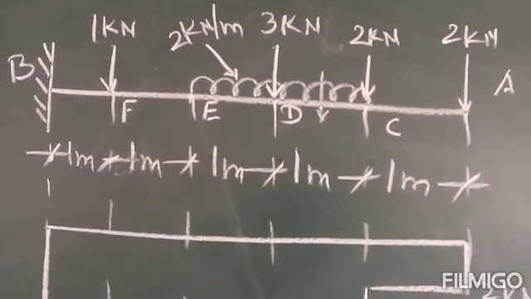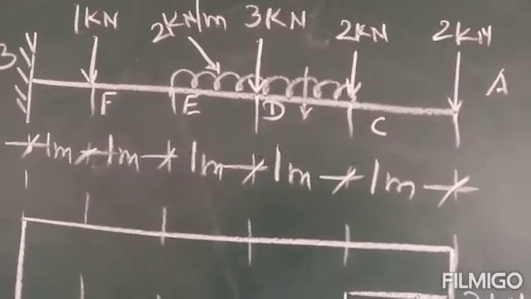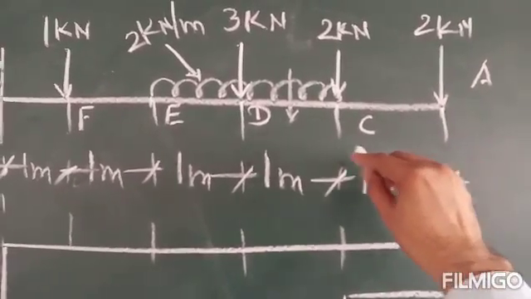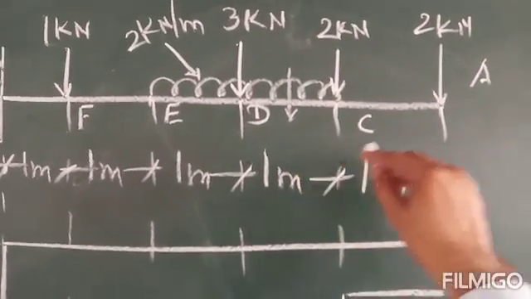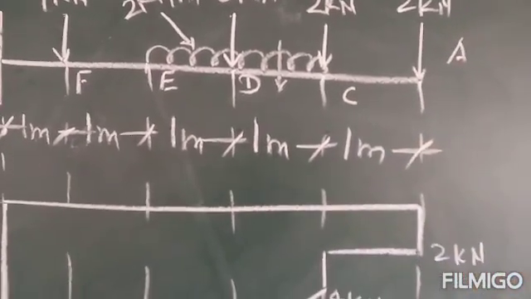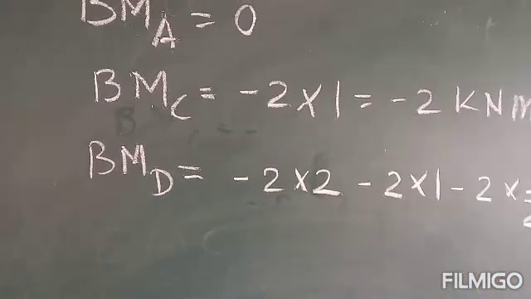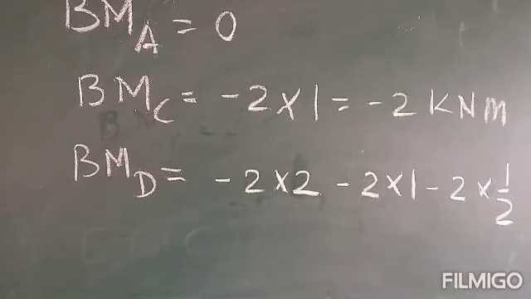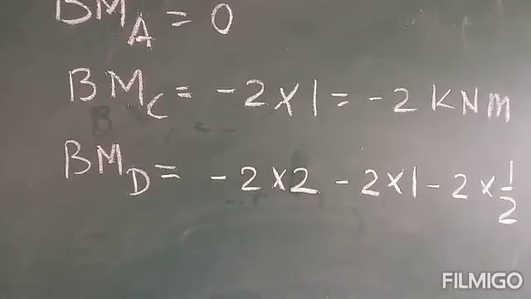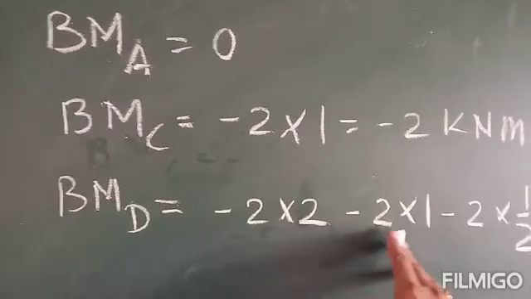Now for the calculation of bending moment at point D, this is a 2 kilonewton downward force into this distance, 1 plus 1, 2, that is -2 into 2, -4. Then again a load of 2 kilonewton acting at point C, at 1 meter distance, that is -2 into 1.